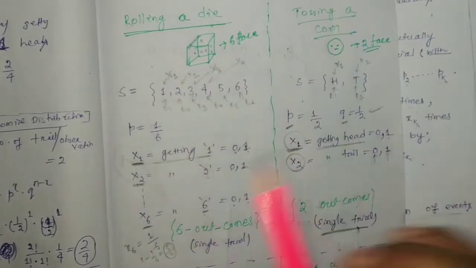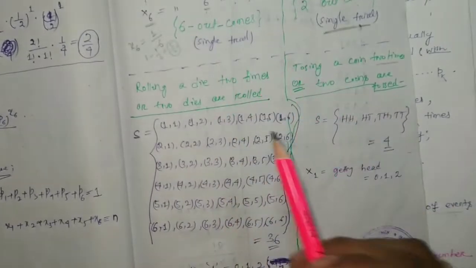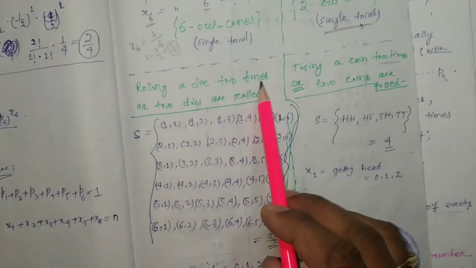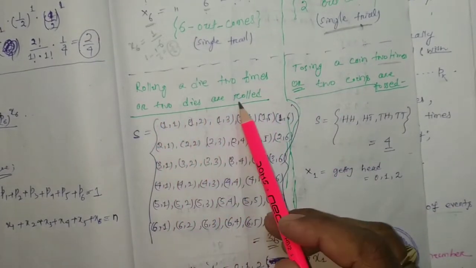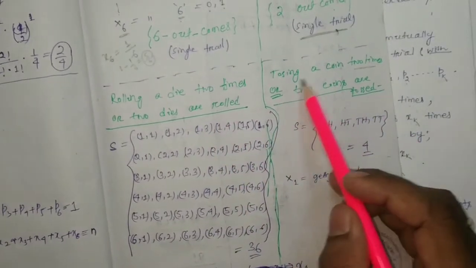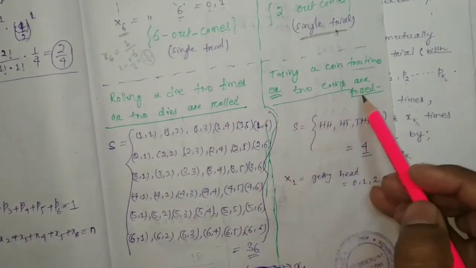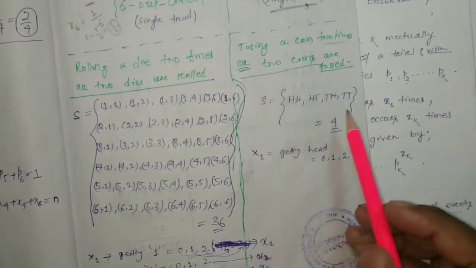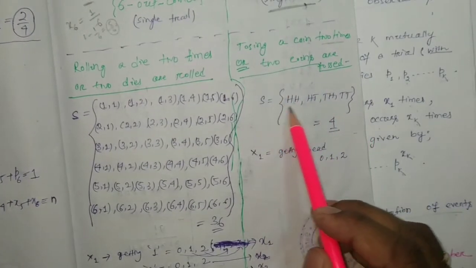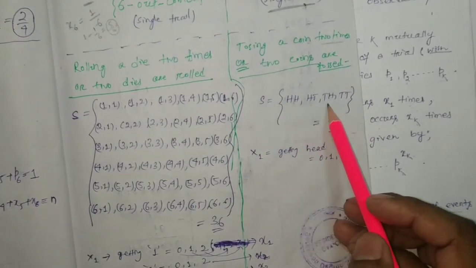Now we have to move towards rolling a die two times, or two dice are rolled, tossing a coin two times, or two coins are tossed. So what are the outcomes? You can see HH, HT, TH, TT.